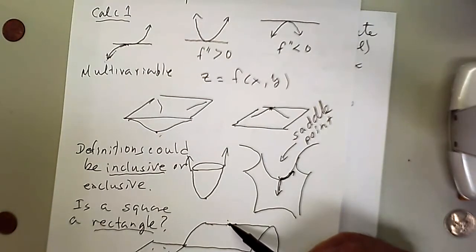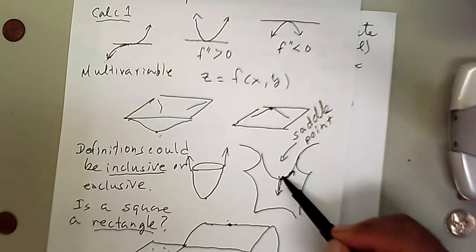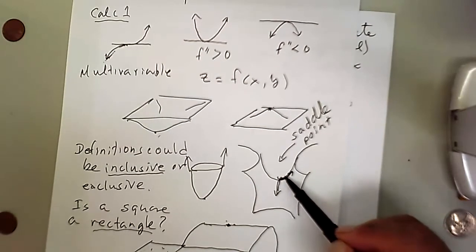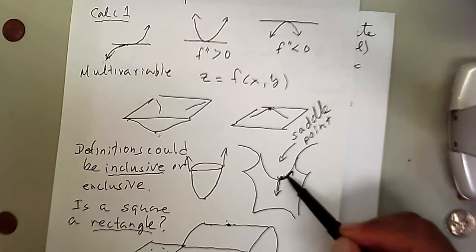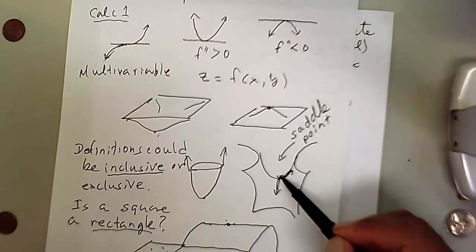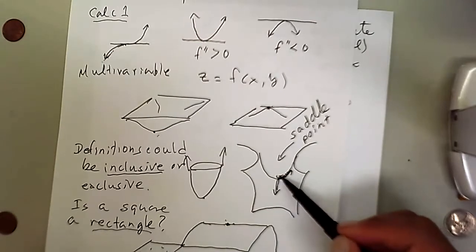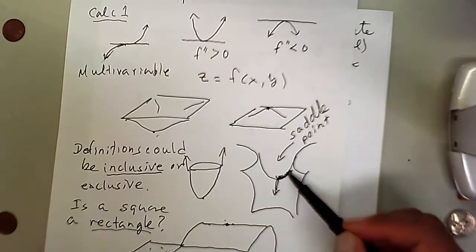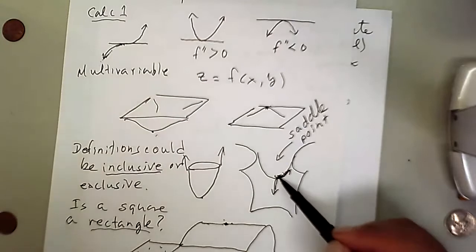That is a maximum because there's no point above. The reason why this is not a maximum is because there's a point right next to it. Of course, when I say right next to it, that doesn't make sense because real numbers are continuous, but that's an expression. So right next to it, we have a point that is above this saddle point. So that's why that is not a maximum.